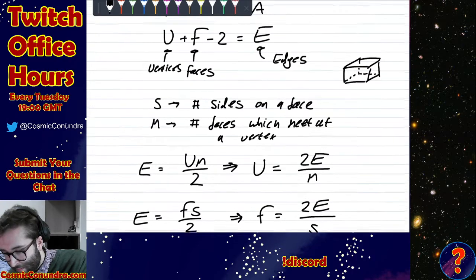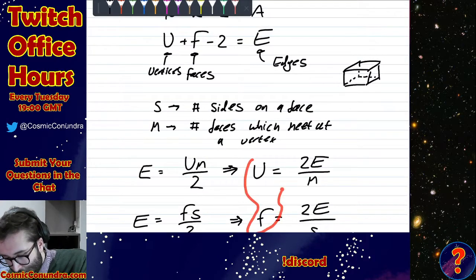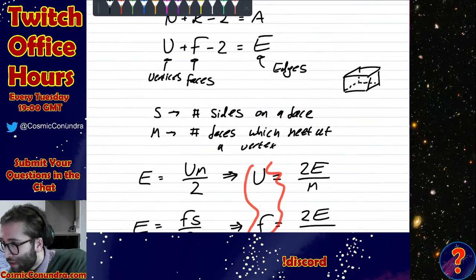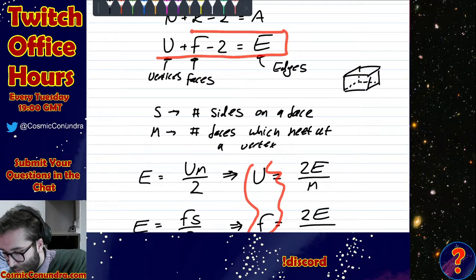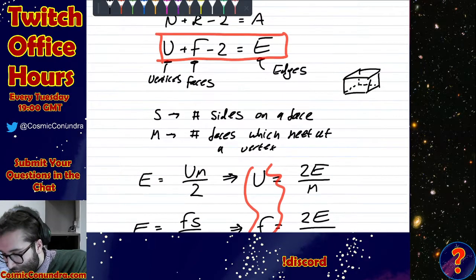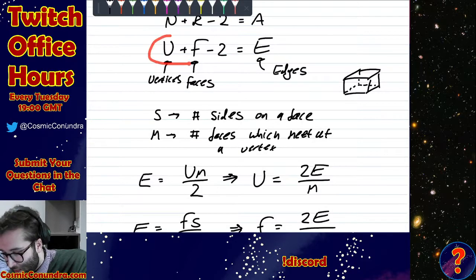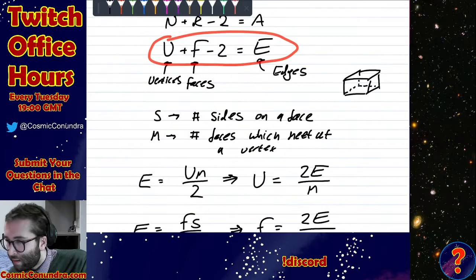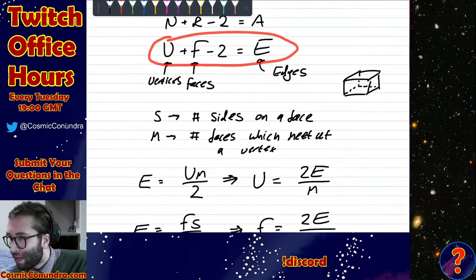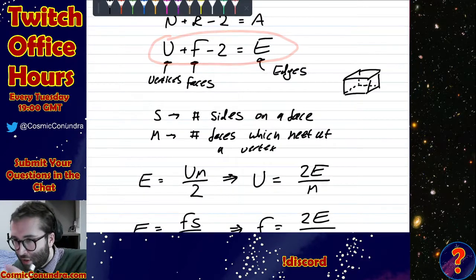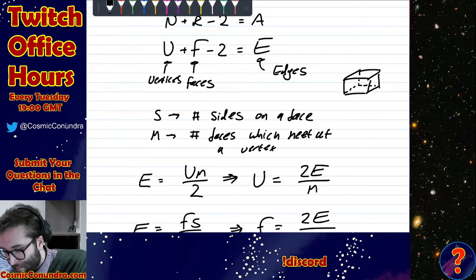Okay? And now I put these new expressions I've got up here back into Euler's formula, which is this. Remember, this is only true for planar graphs, but we've sort of justified that Platonic solids you can always turn into a planar graph if you stretch them inside out through one face.